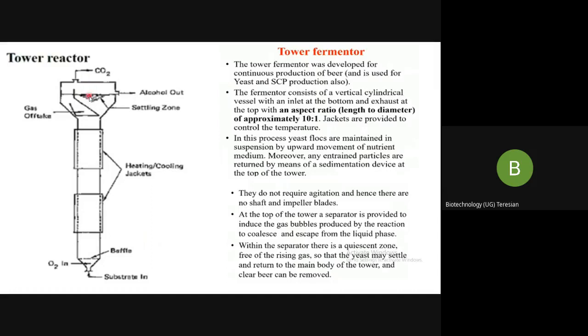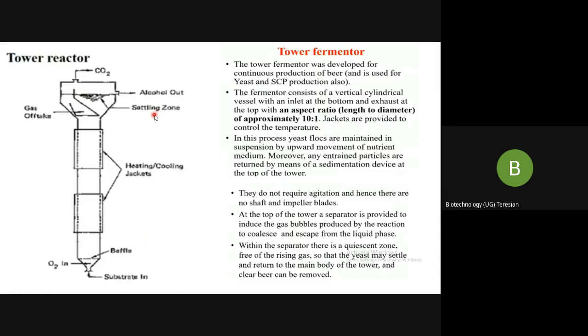A typical tower fermenter consists of a yeast gradient and a gradient of wort. Remember wort, what is that? I told you, the mashing of your barley or whatever substrate you're using. When you mash it, you get the liquid, and that is called wort.